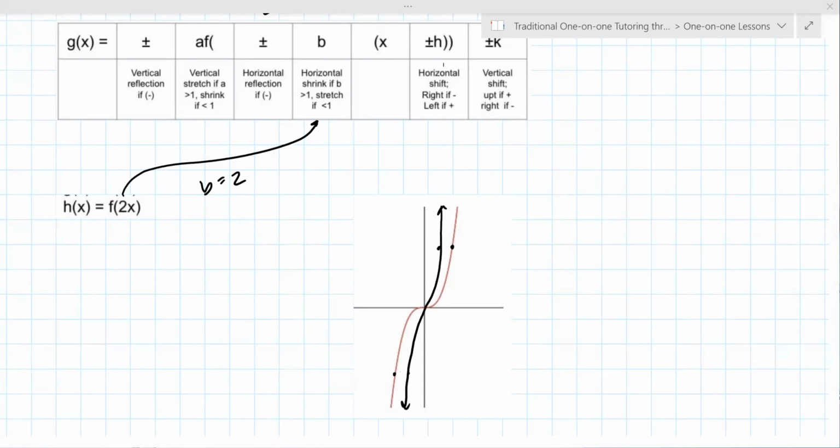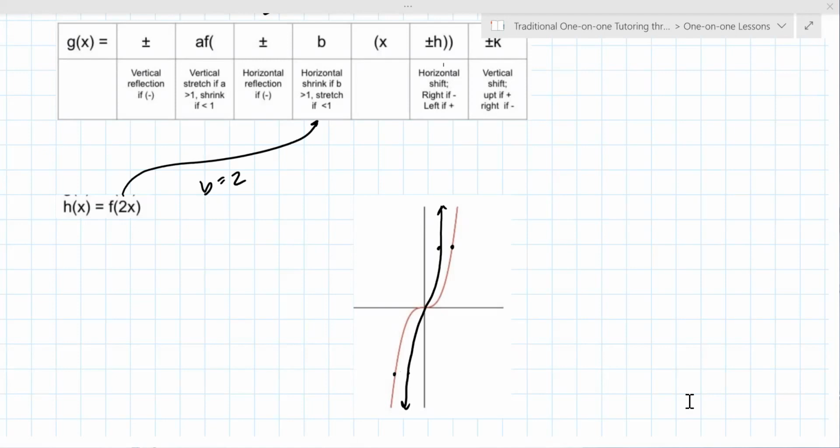Okay. Now, your instructor goes to a lot of trouble here to show you a bunch of these horizontal ones, combining horizontal ones, then vertical ones, then combining vertical ones.